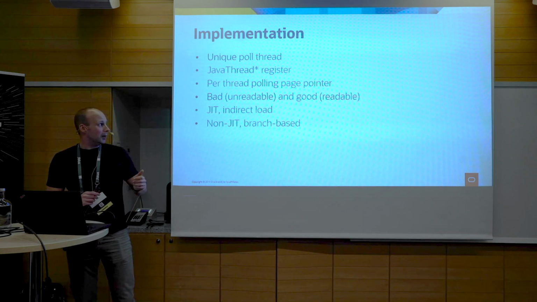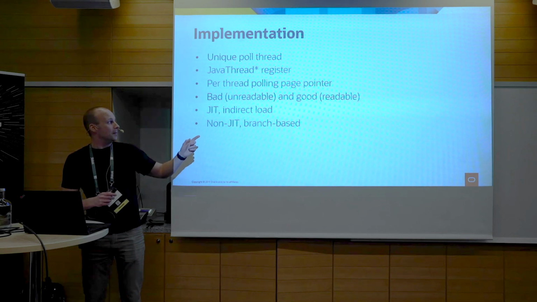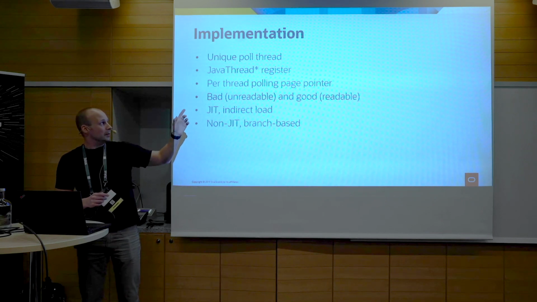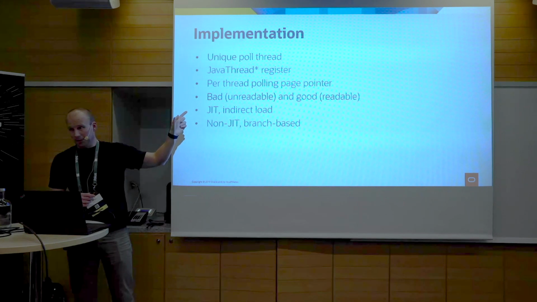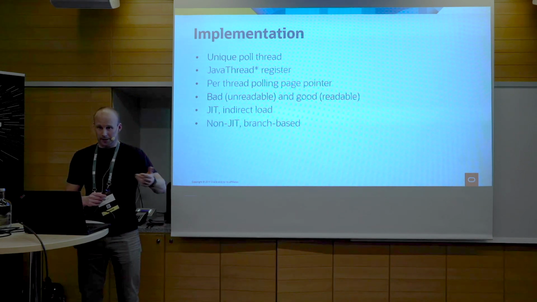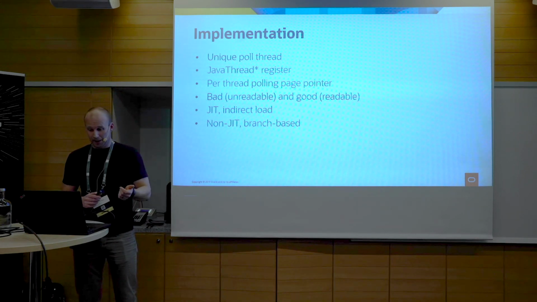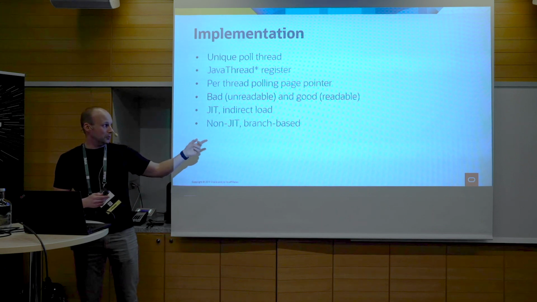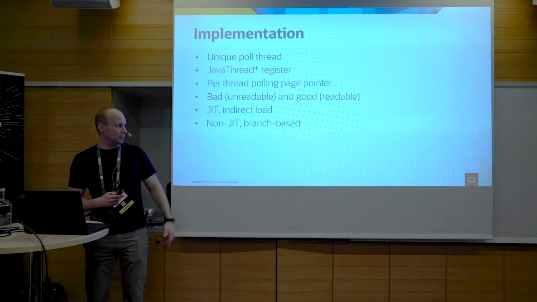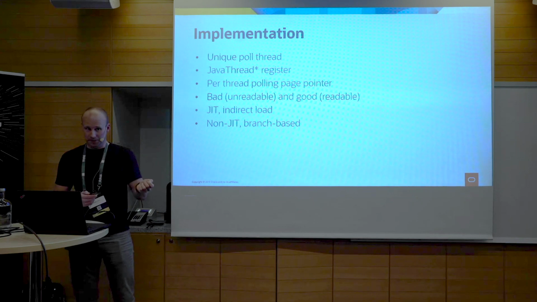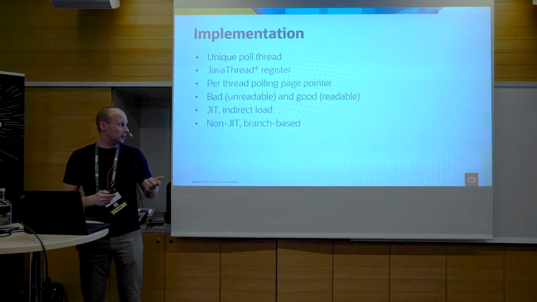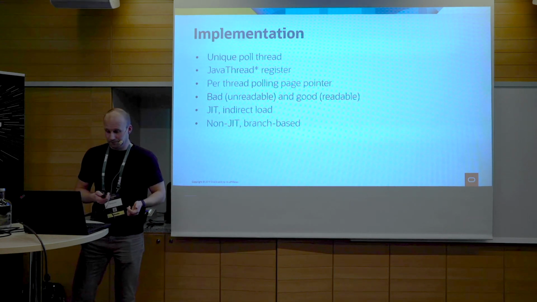So JIT will do an indirect load to hit the bad page if it's armed, and then end up in the signal handler as we used to do. And in non-JIT code, we do branch-based polling because we don't want to end up in the signal handler when we are not often in JIT code.